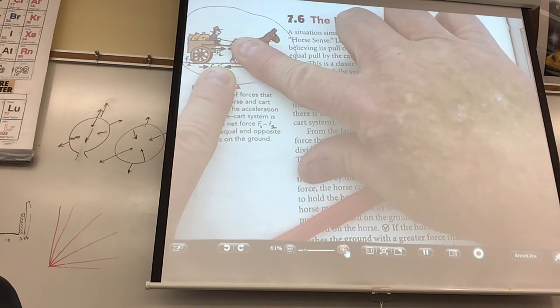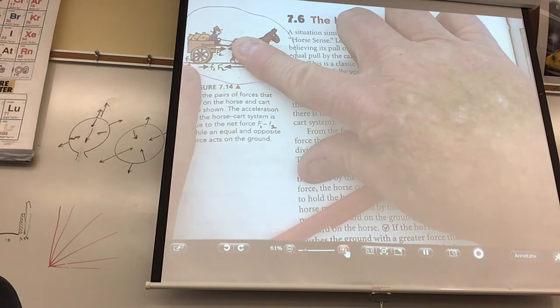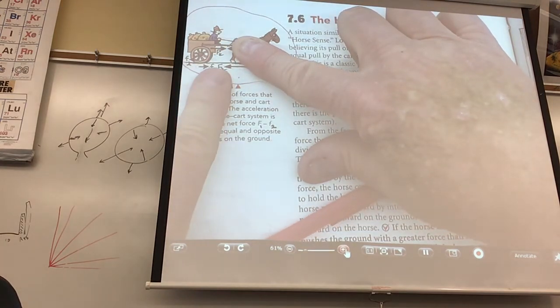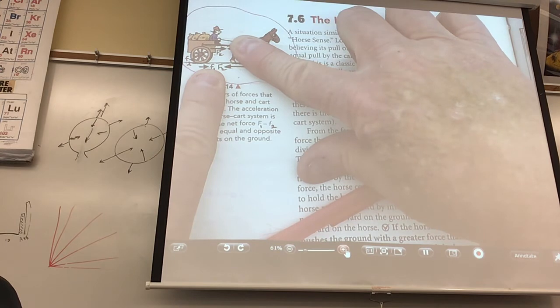If little f2 is greater than P2, what's going to happen to the cart? If that is bigger than that, the net force will be backwards, won't it? But what if I want the cart to go to the right? Then who has to be bigger? P2 has to be greater than little f2.